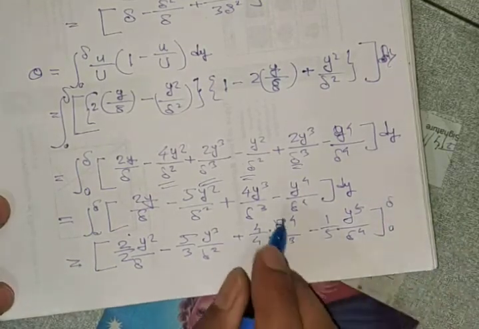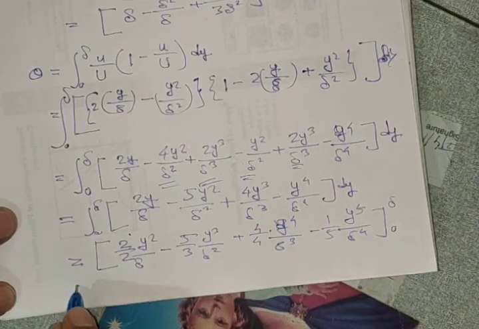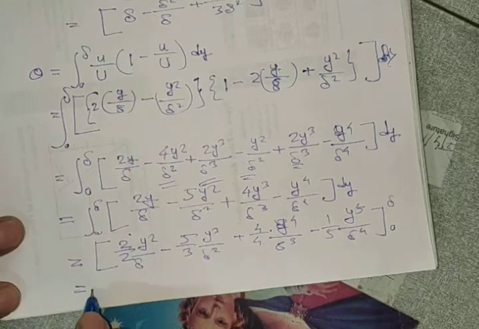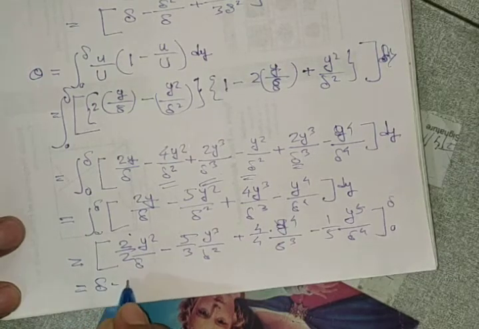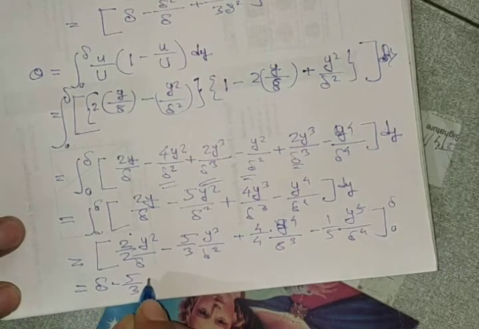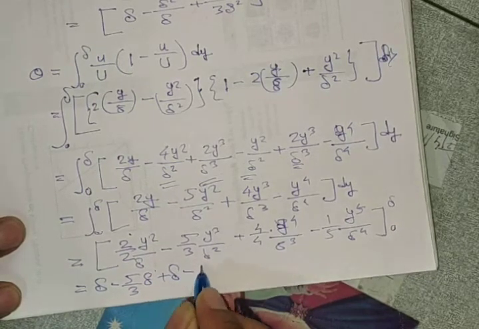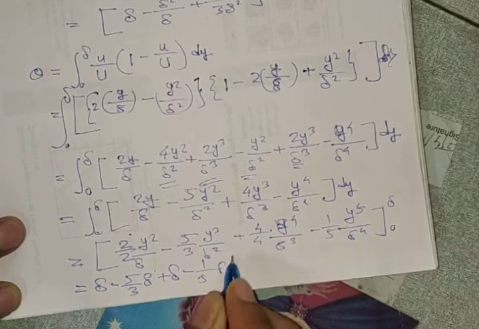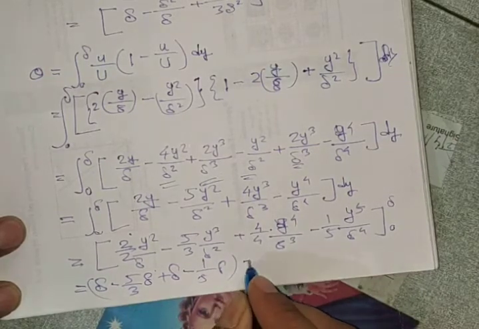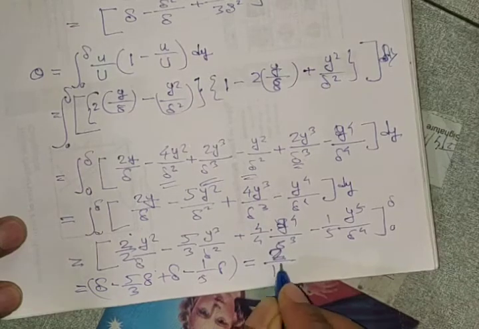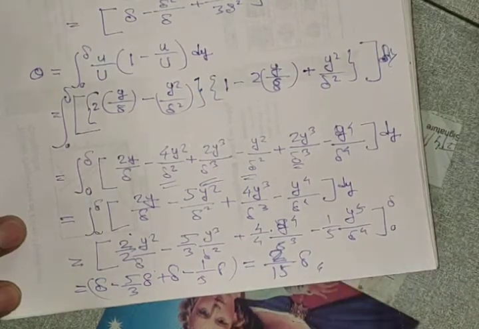And if you put the value here, finally you will get delta minus 5 by 3 delta plus delta minus 1 by 5 delta. And after simplification you will get 2 by 15 delta. So this is the result.